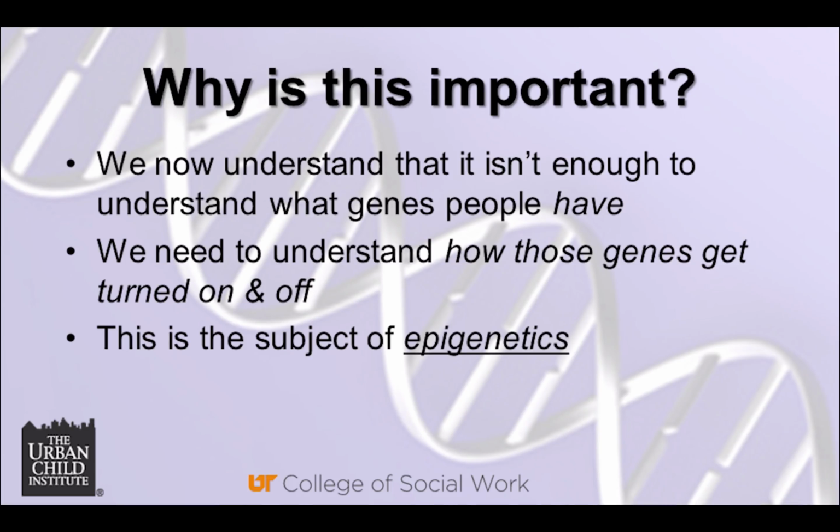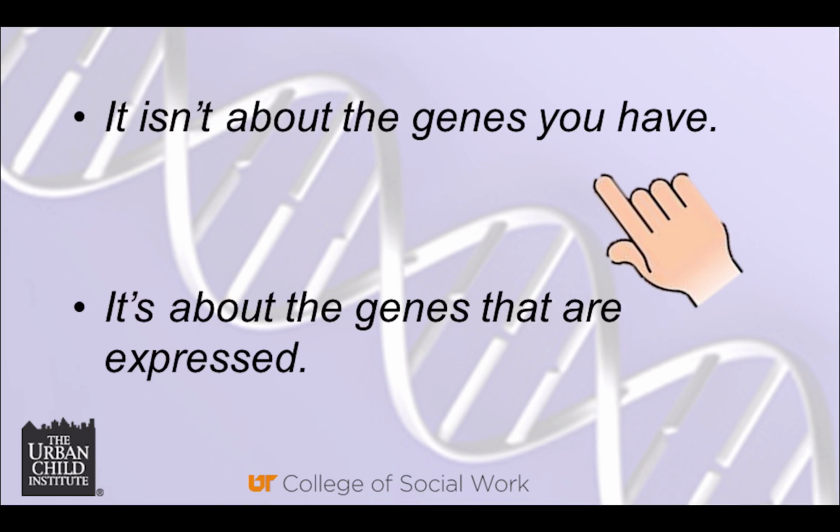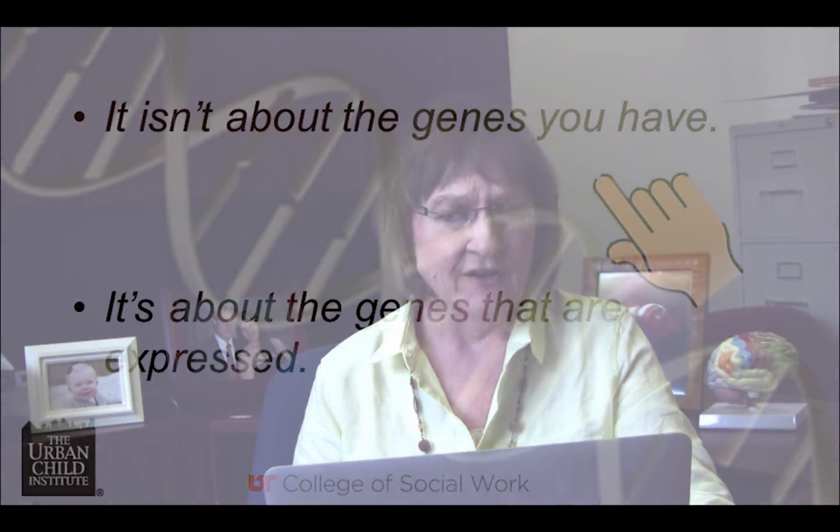And this is the subject of epigenetics. Hold on, though. This is great news for social work. It's not the genes you have. It's the genes that are expressed. And you're going to see in a moment why it's not the genes you have. It's the genes that are expressed, because chromatin remodeling and methylation can happen throughout life.